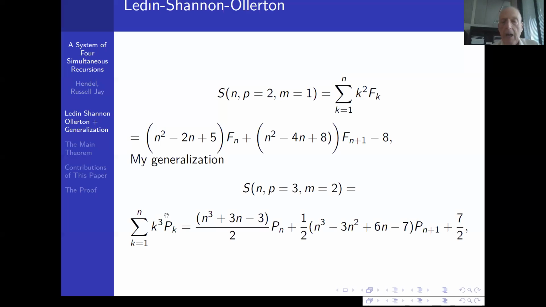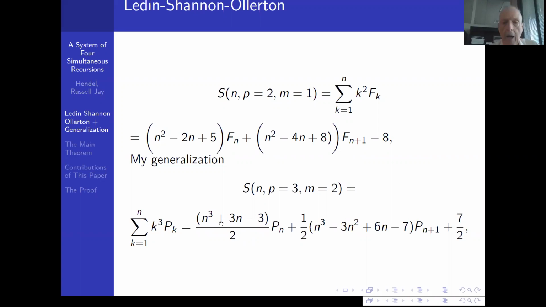Here, the Pk are the Pell numbers. So P0 is 0, P1 is 1, and P of n, instead of being Pn minus 1 plus Pn minus 2, is 2 times Pn minus 1 plus Pn minus 2. So the multiplier of n minus 1 is 2, and that's the m here. Power is 3. Again, we have a sum of powers times a recursive sequence.